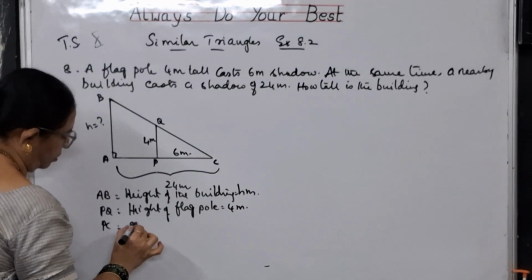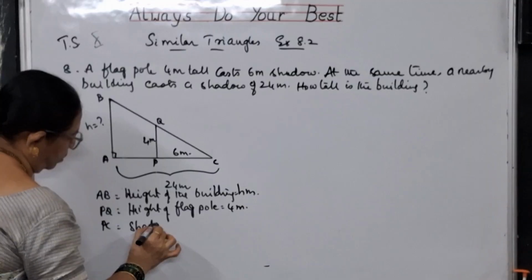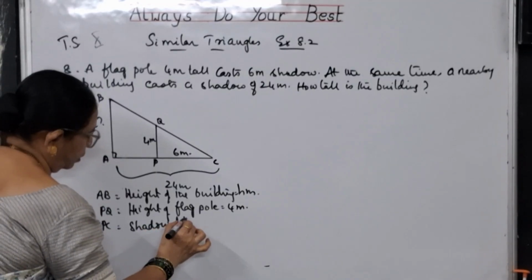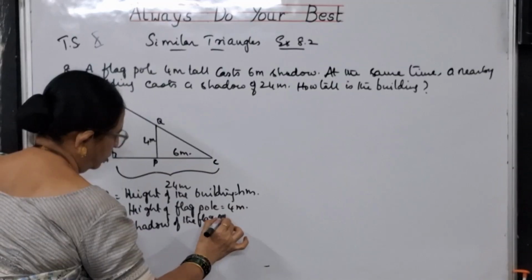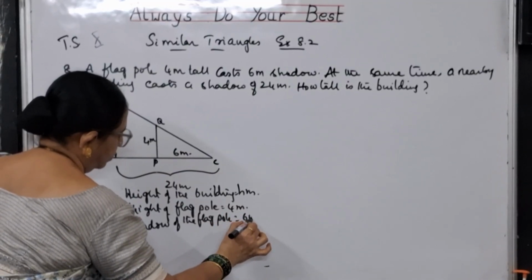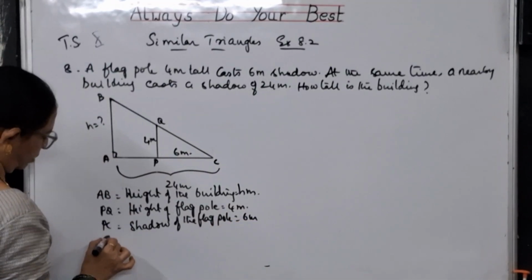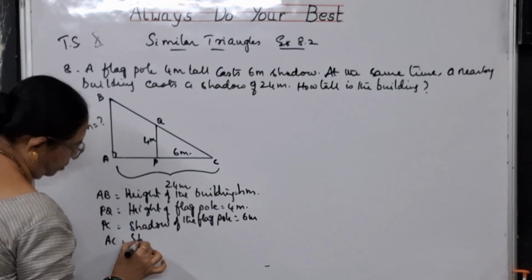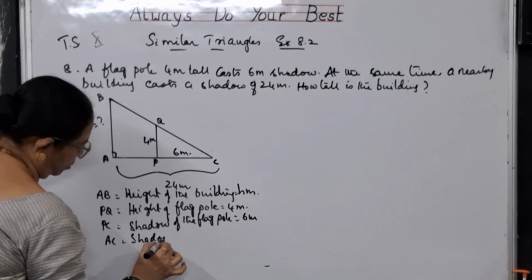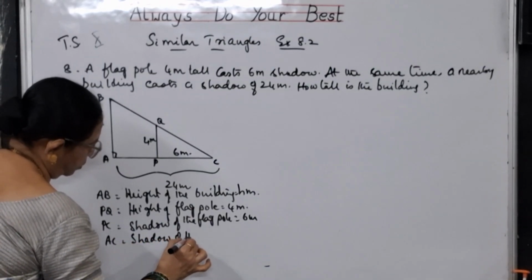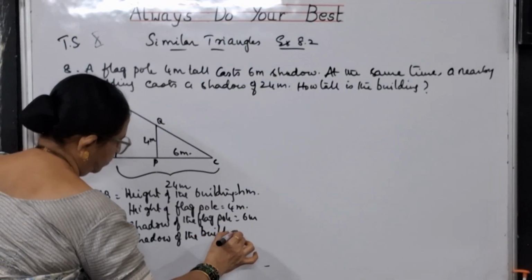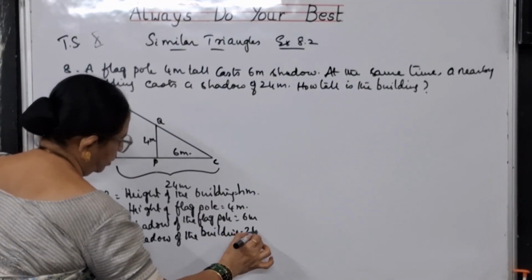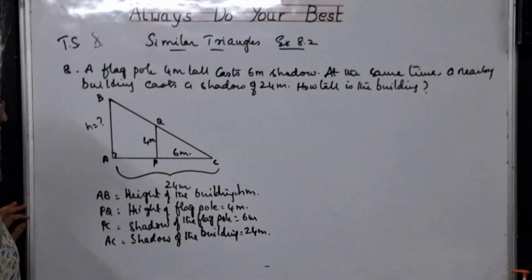PC is the shadow of the flagpole, that is 6 meters. AC, the shadow of the building, that is equal to 24 meters.